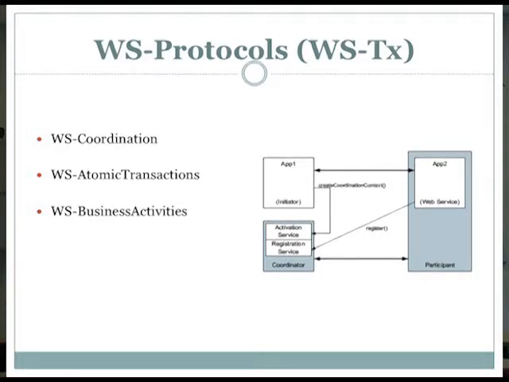I start from the end. WS business activities. This is for long-running transactions. This has the most complicated structure. WS atomic transactions is for just normal, conventional transactions. And WS coordination is a protocol for coordinating these transactions.